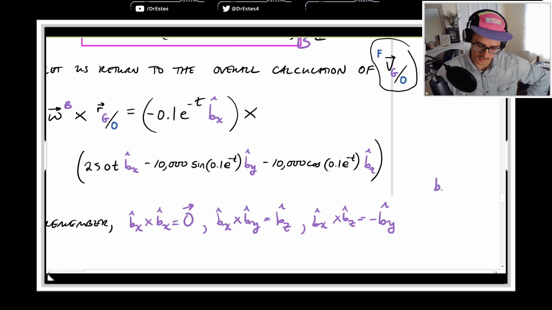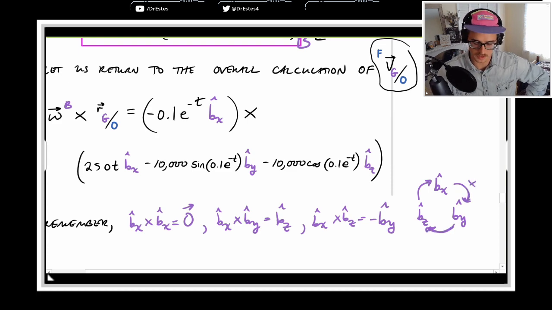I like to use this little figure. But basically, if I cross bx and by, in this direction it goes to bz. And if you go opposite the direction of the arrows, it gives you a minus sign. So if we went bx cross bz, we go opposite this arrow, and we get a minus by.